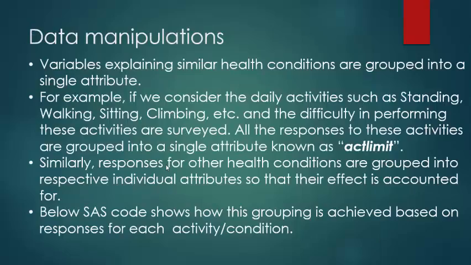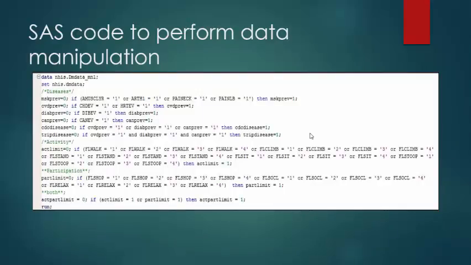Coming to the data manipulation, we have combined the variables that fall into similar health conditions into a single attribute. For example, we have different daily activities such as standing, walking, sitting, climbing, etc., and the responses to these activities are grouped into a single attribute known as act limit. We'll see the description in the next slide in this SAS code.